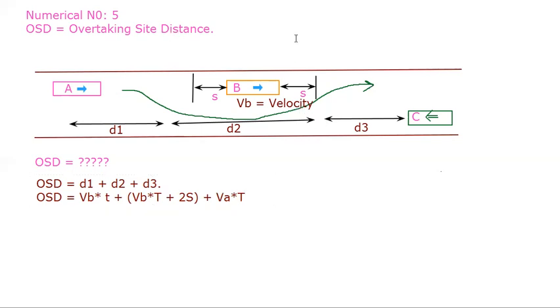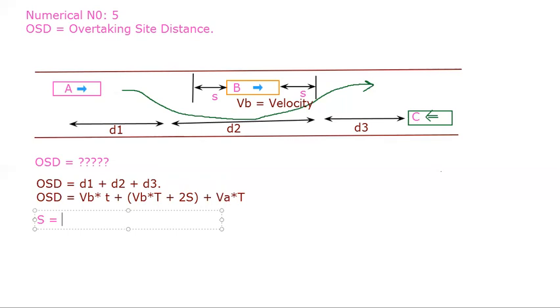Now after that, how to calculate this S? S is the safe spacing between these vehicles. So capital S is the safe spacing between any vehicles.